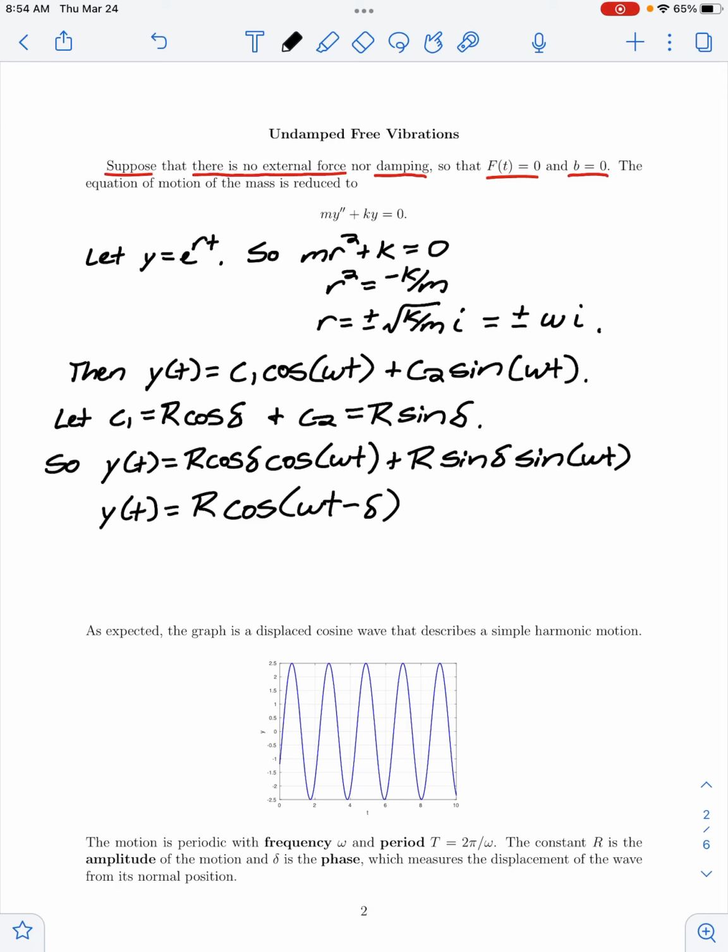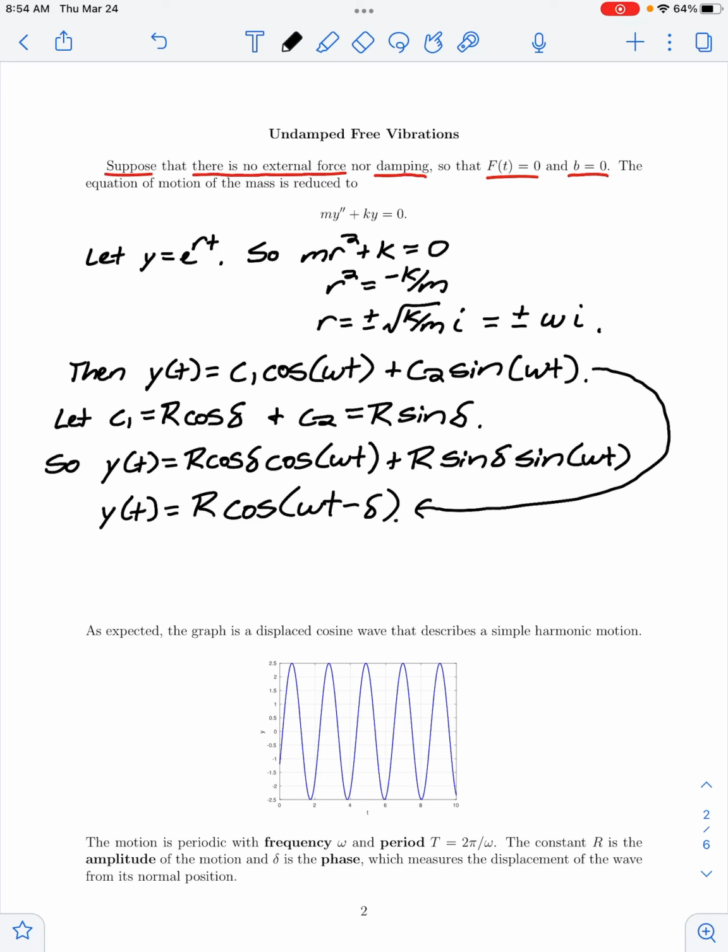This is a trig identity for the cosine of a difference of two angles. So when we rewrite our solution in this way, we're curious how R and delta would be defined in terms of our constants C1 and C2.